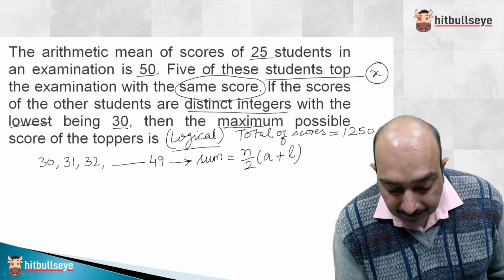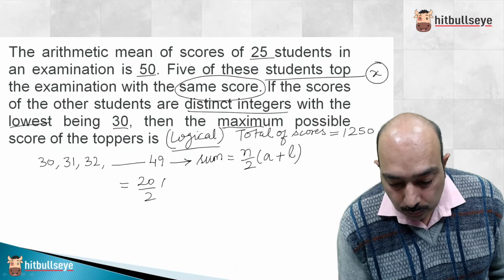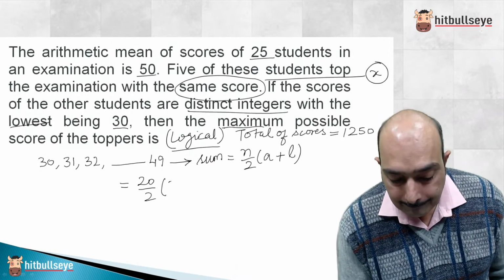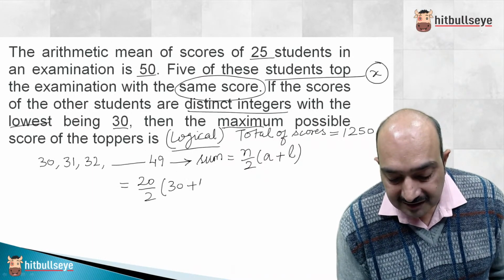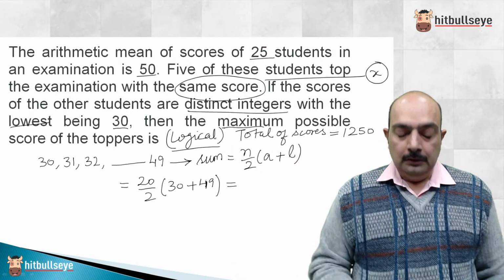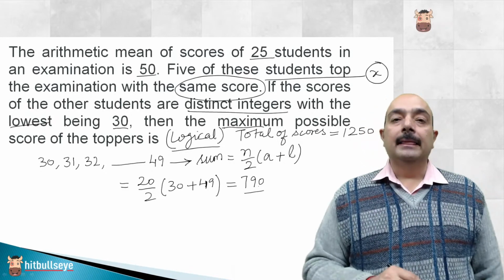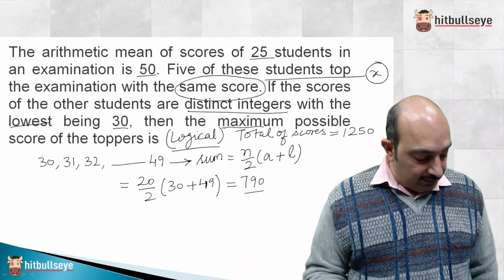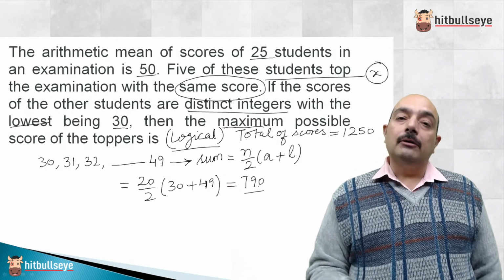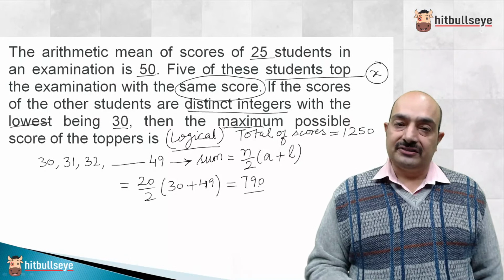So what is n? 20 by 2. What is a? First term 30 plus 49. So this is how much? 790. Just observe this, 790 is the sum of minimum 20 integers or 20 scores.